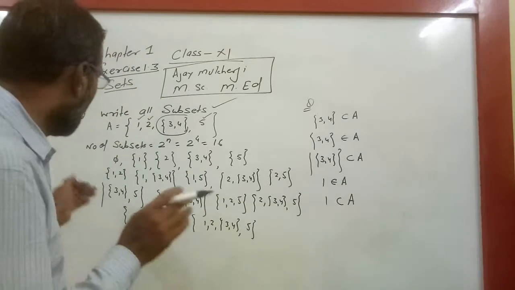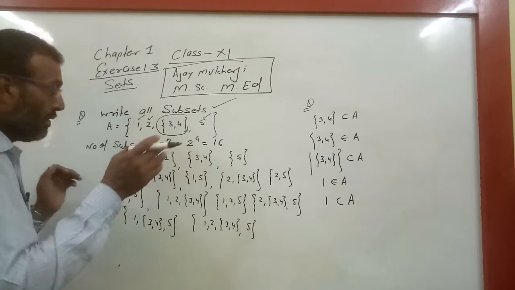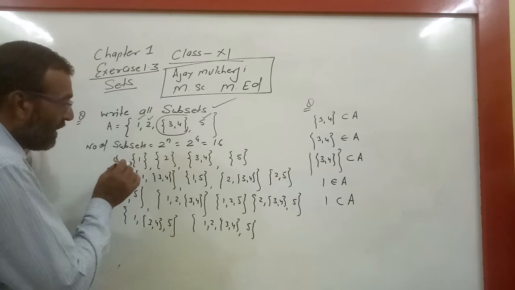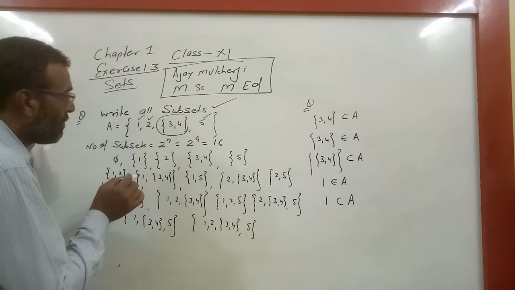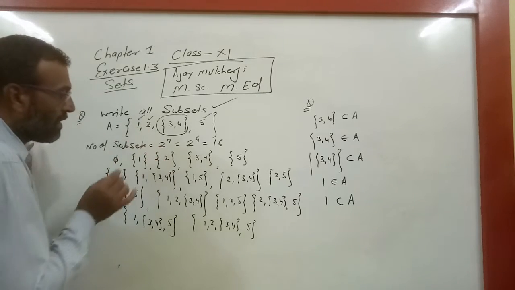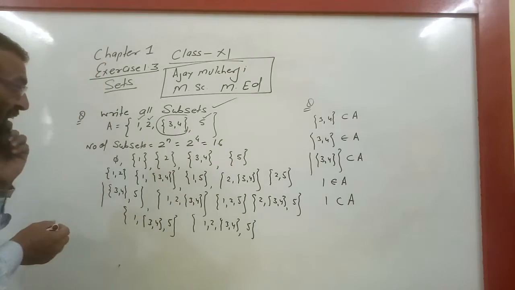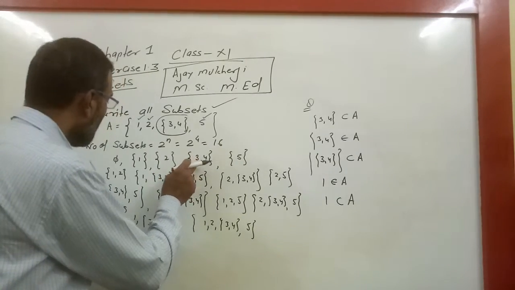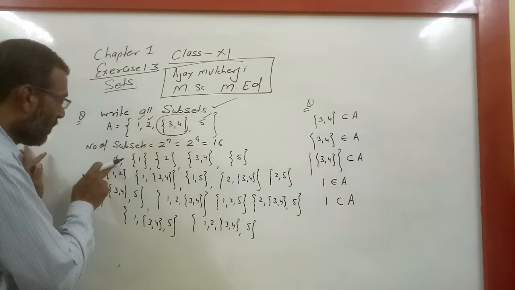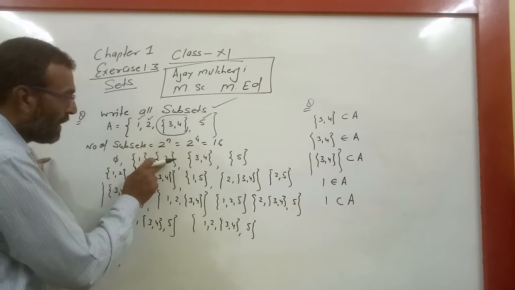Now write down the 16 subsets. The first subset is the empty set. Now you write the single elements: {1}, {2}, and {3, 4}.